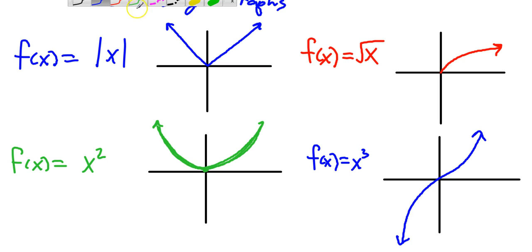Now, the one thing on all these graphs is that they're all going to have 0, 0 as one point that they're all going to share.